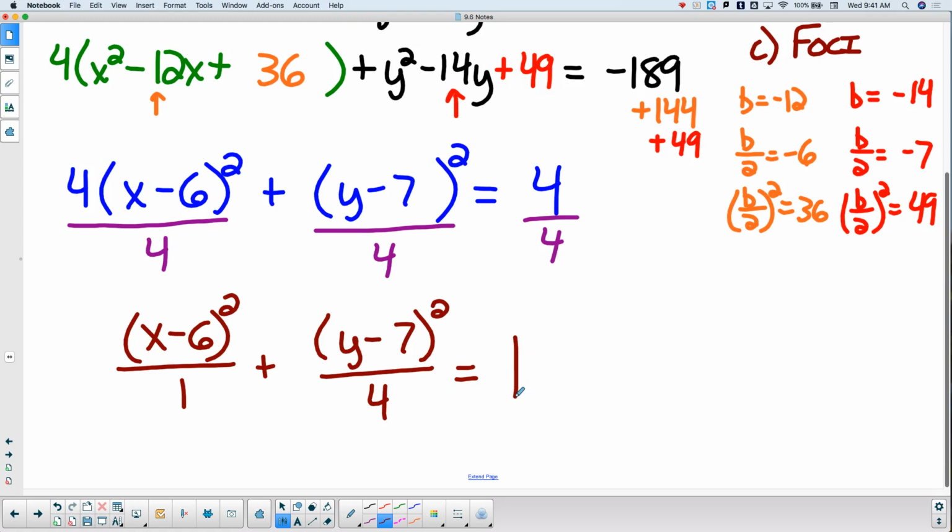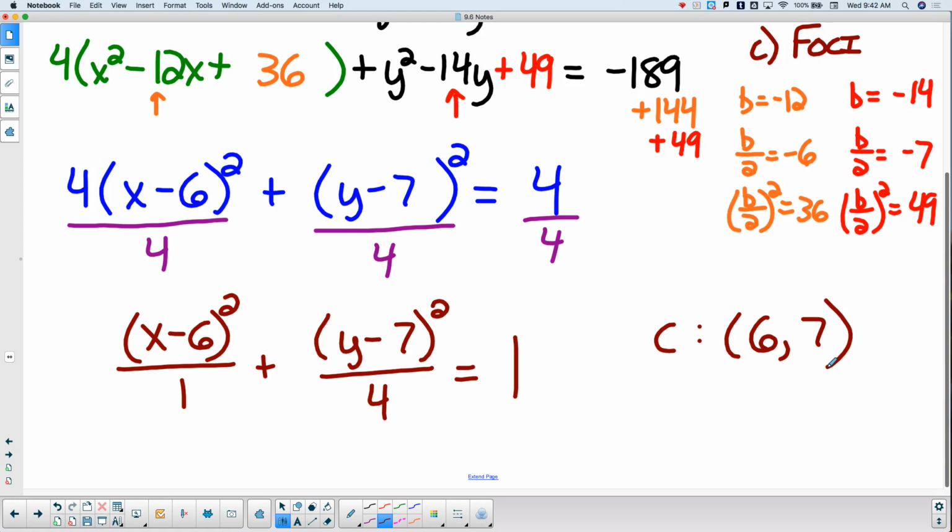Okay? So based off of that, where is my center? Is it stretched out left and right, or is it stretched out up and down? Up and down, because it's bigger on the b, right? So how far up and down would I have to go? 2, right?